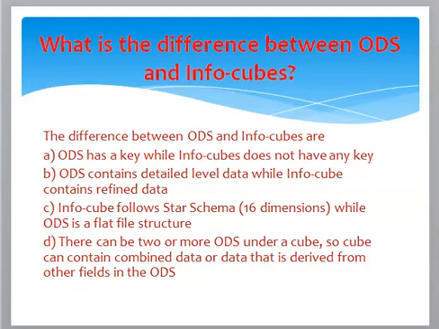InfoCubes follow the star schema with 16 dimensions while ODS is a flat file structure. There can be two or more ODS under a cube, so the cube can contain combined data or data that is derived from other fields in the ODS.